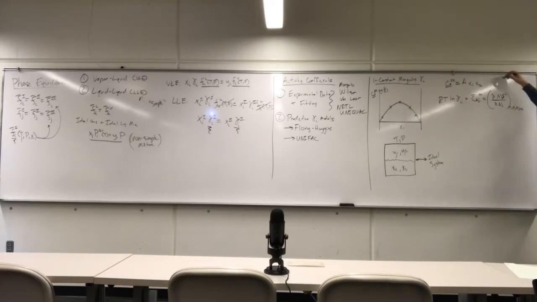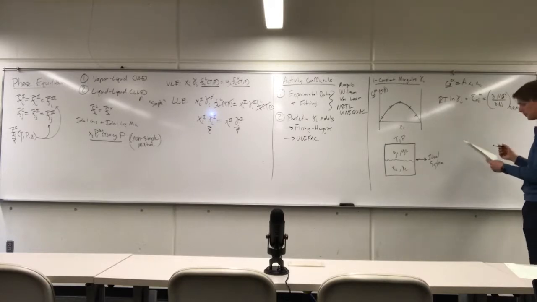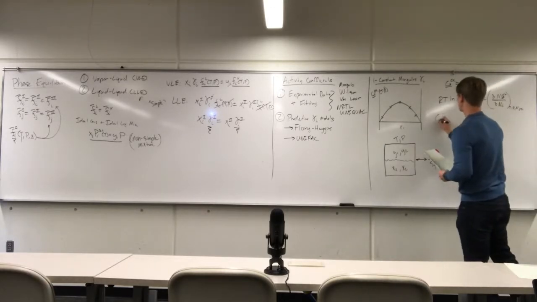But you'll notice one problem. This is in terms of mole fractions. This is in terms of the total number of moles. So the math is a little bit more tedious than may immediately seem. But once you see an example once, it's not too bad. So let's work through that math.